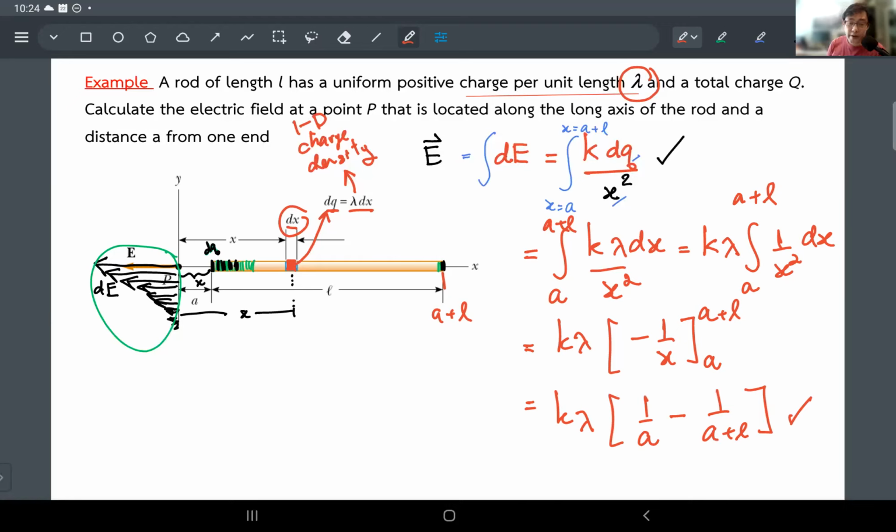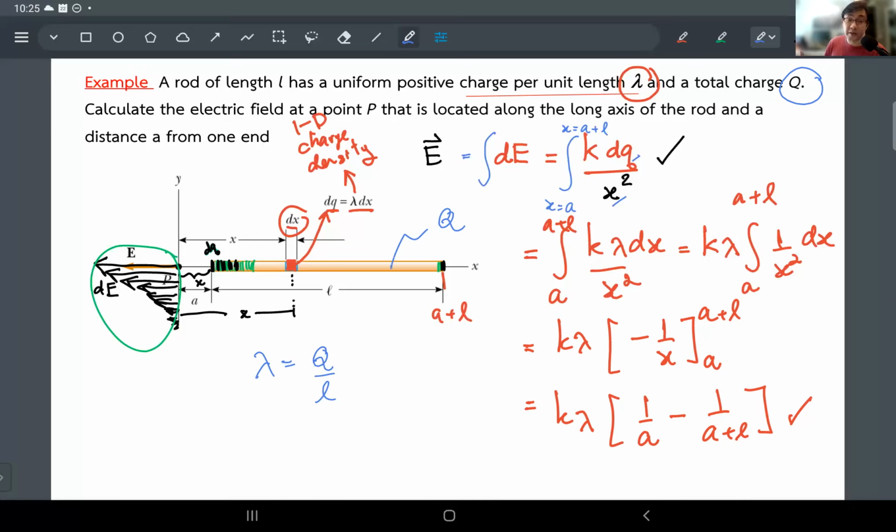And this one, you have a choice. They say you're not going to use Q here. No big deal, because that is sort of information overload here. They say that the total charge on this rod is Q. You know the length of the charge is L. So actually, you know that lambda is going to be Q over L as well. So it depends on what final form you want to write out.